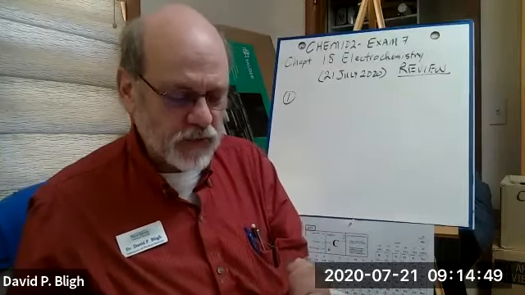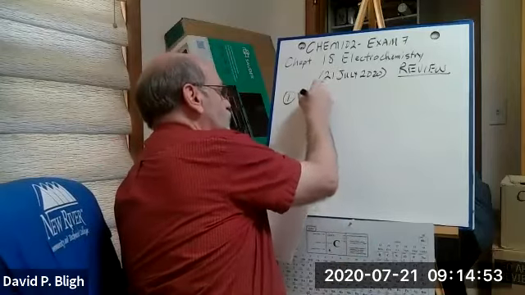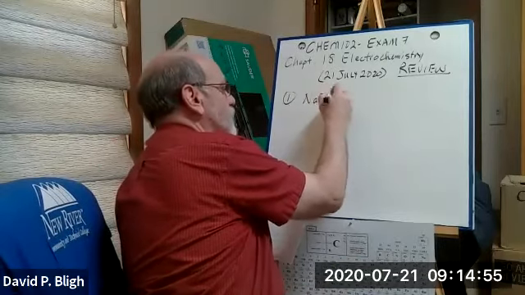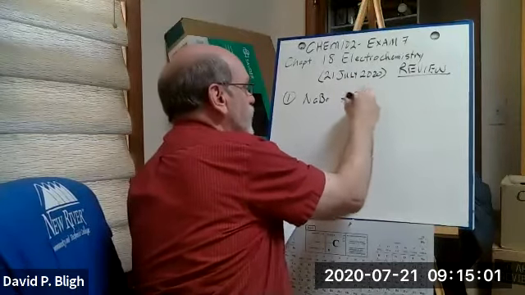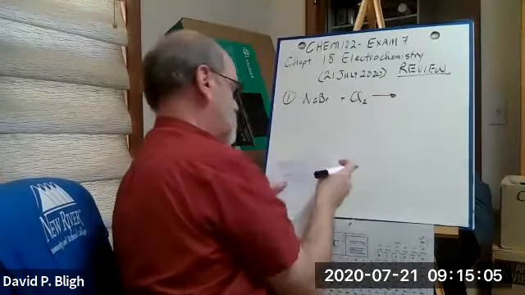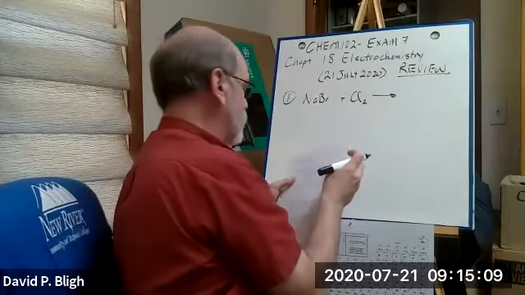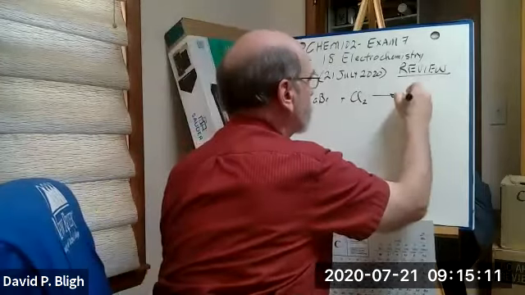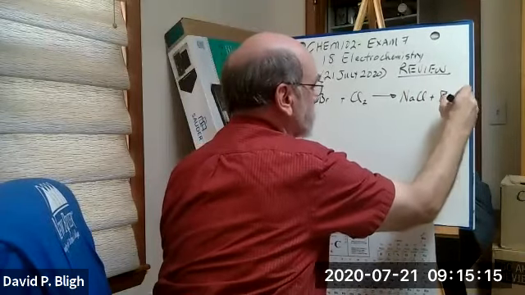The reaction is between sodium bromide and chlorine gas, which is diatomic. And it produces sodium chloride and bromine, which is also diatomic.